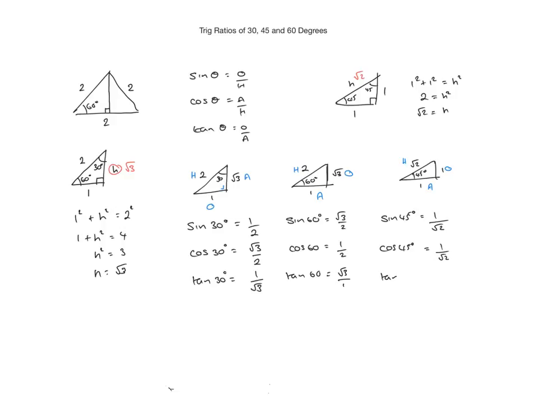And we have tan 45, which is equal to the opposite, which is 1, over the adjacent, which is 1, which is just 1. So that's how we get all of the trig ratios for sine, cos and tan of 30, 45 and 60 degrees. And these are also in your tables books, guys, so you don't have to learn them, but you should really know them after you've been working with trig for a bit. Hope that helped. Bye.